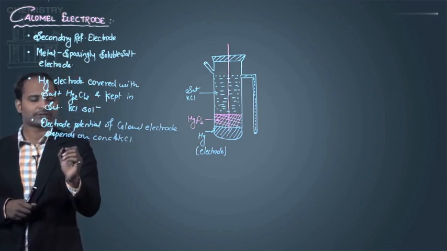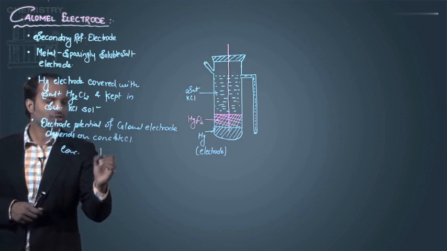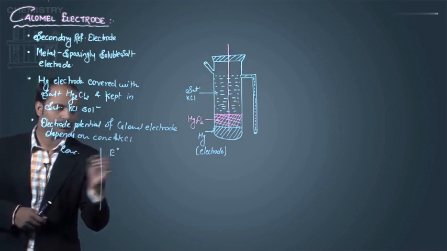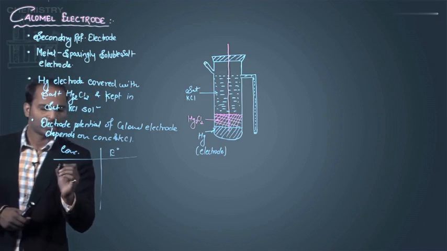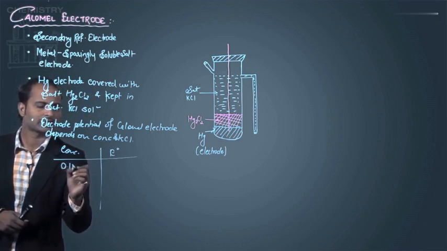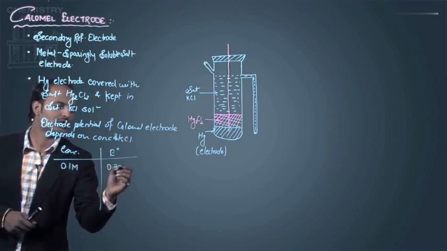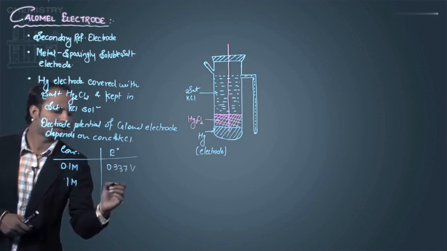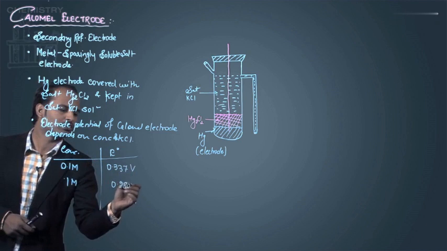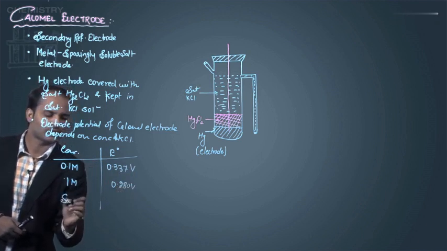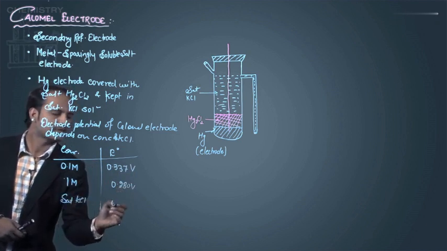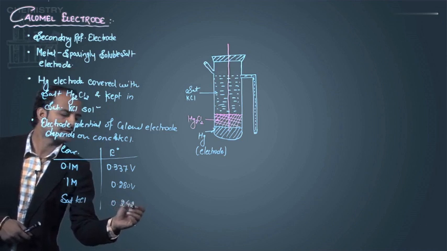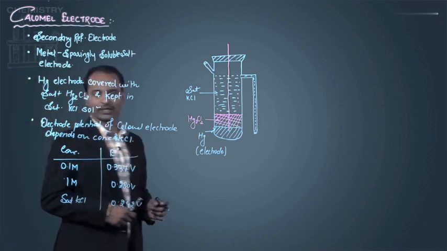For example, if you have a 0.1 molar solution, then the electrode potential is 0.337 volt. If it is 1 molar, then its value is 0.280 volt. And if you are considering saturated KCl, then its value is 0.242. Means as the concentration increases, that E naught value goes on decreasing.